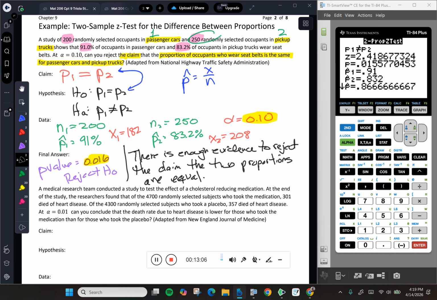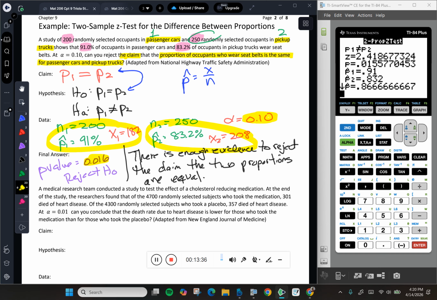Right? All right, so let's take a look at what happened here. Somebody made a claim that these two things were the same. The proportion of passenger car occupants and truck occupants wear their seatbelts in the same proportion. We gathered some data from car people. We gathered some data from truck people. We ran a test.